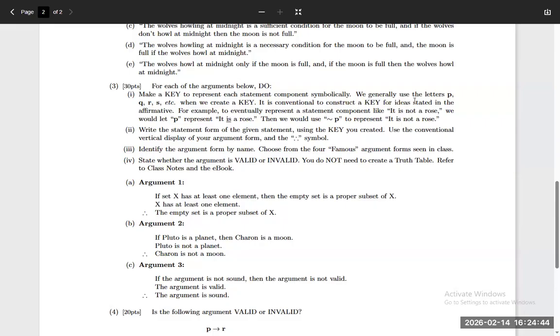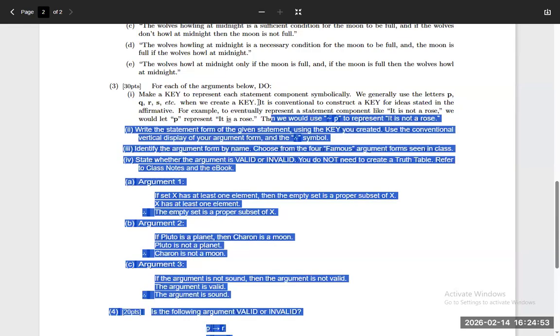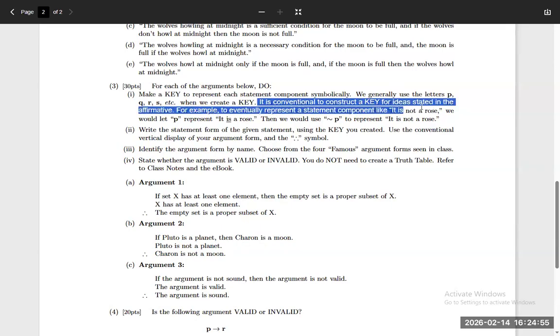Yes. Do you understand what it means to say stated in the affirmative? Yes. Then do you understand what it means to say it is conventional to construct a key for ideas stated in the affirmative? Yes, but when I first read it, it was not as easy for me to understand the first time I read the question.